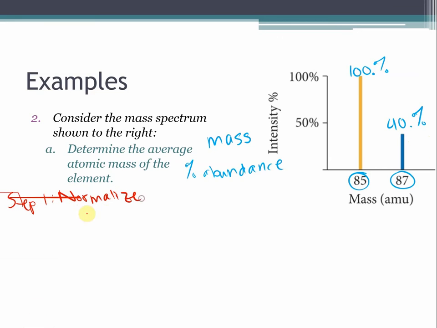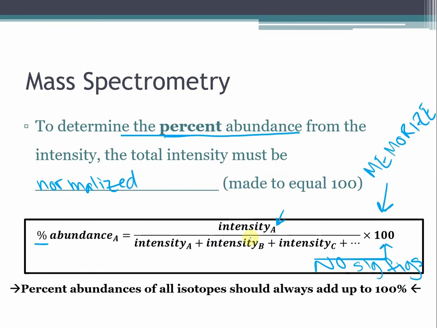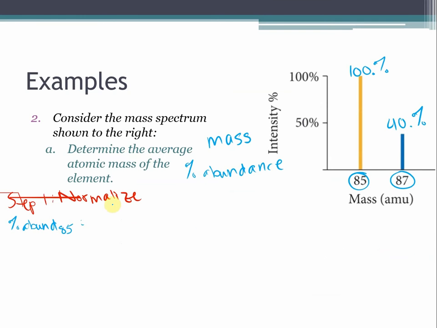our abundances. We're going to have to do this once for each mass. So we'll do it for our mass of 85 first. So the percent abundance of our mass 85 isotope is equal to, remember in this equation, it's the intensity of just the isotope you are looking at over the sum of all of the isotopes in the problem. So here, the isotope we are looking at has an intensity of 100 point.